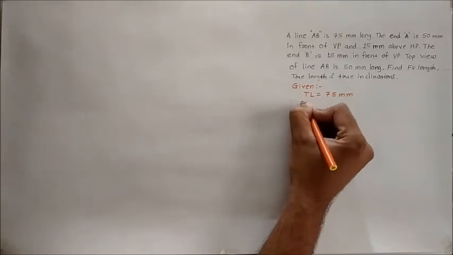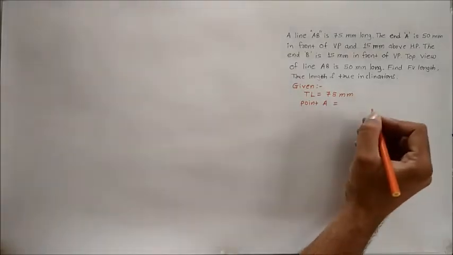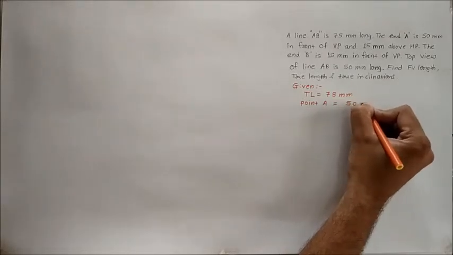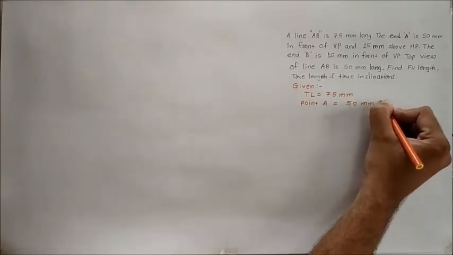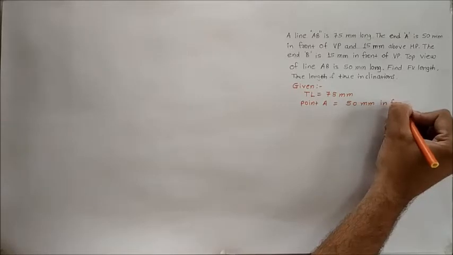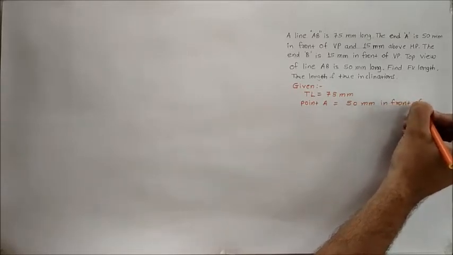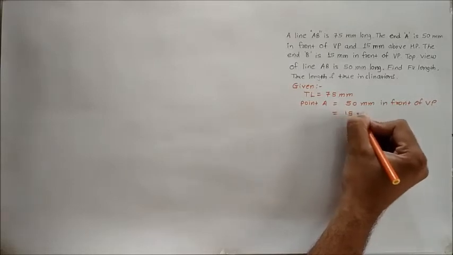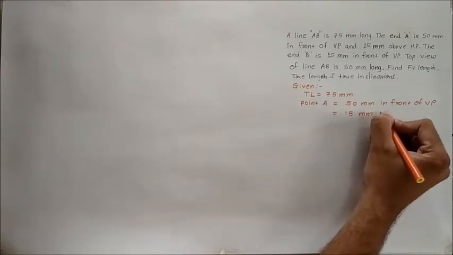So for point A, the in front of VP and above HP dimensions are given. So point A is 50 mm in front of VP and 15 mm above HP.